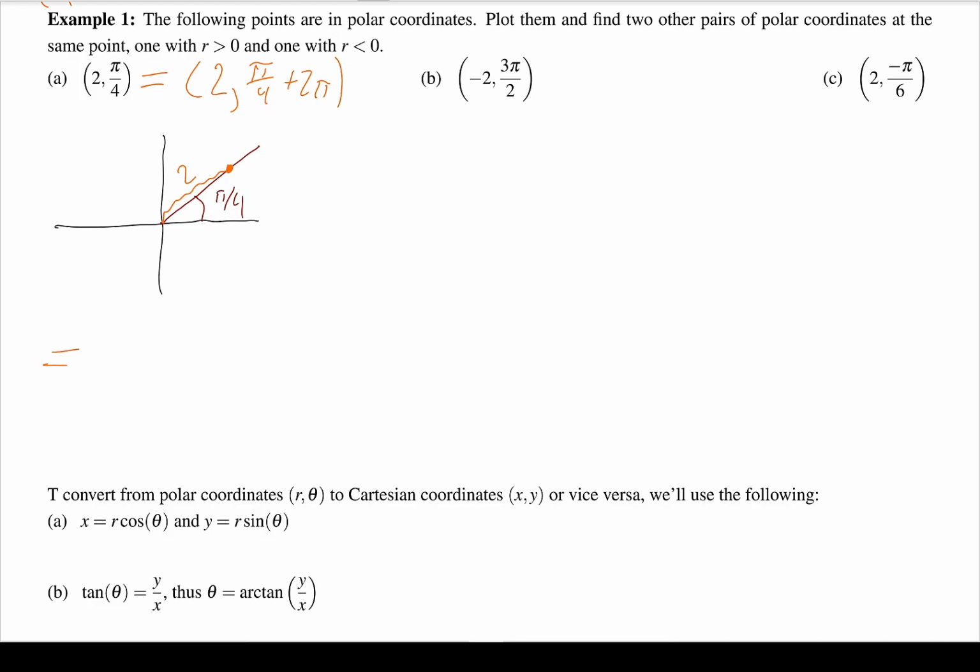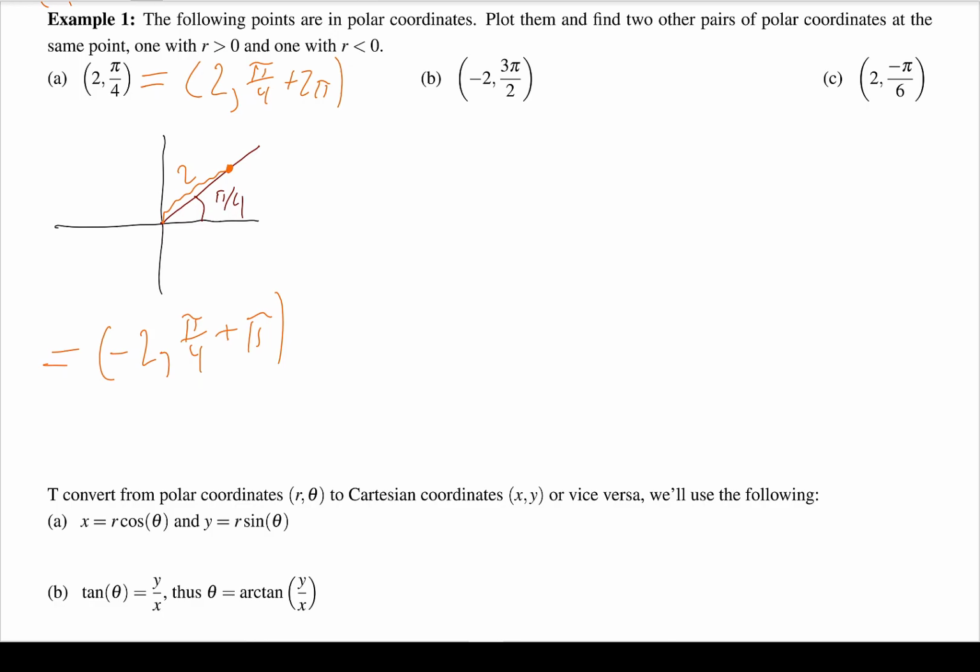So this is also going to be equal to negative 2 comma pi over 4 plus pi. So here's an example where we have 3 points, 2 of them with positive radii, the other one has a negative radius, different thetas, but they all represent the exact same point in the xy plane.